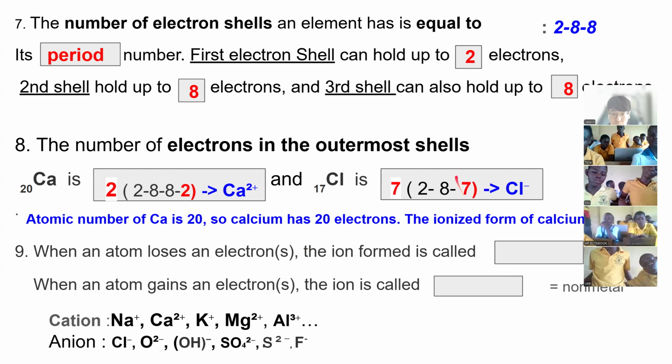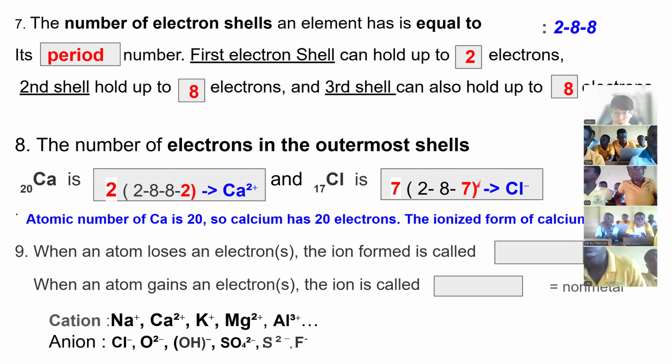For chlorine, we see that the last shell has 7 valence electrons. Chlorine is closer to 8 in the outer shell rather than 8 in the previous shell. What this means is that it's easier for chlorine to gain an electron rather than losing 7, because all elements want to reach the 2-8-8 structure.